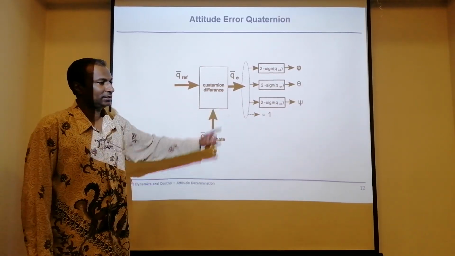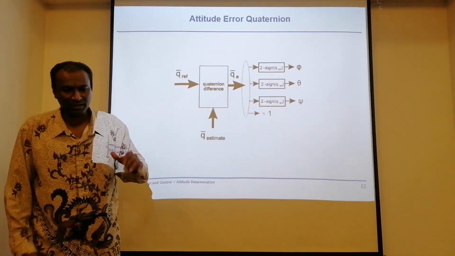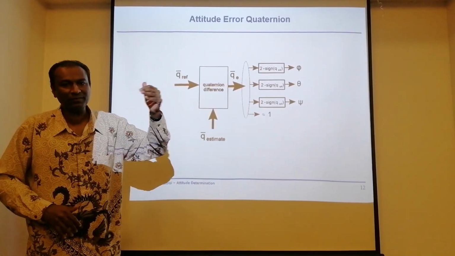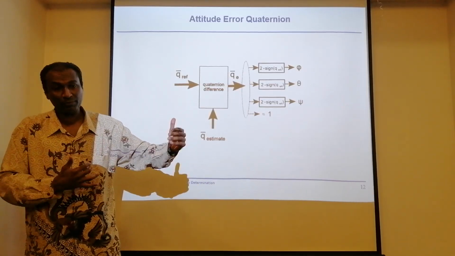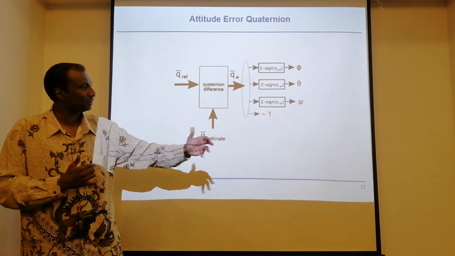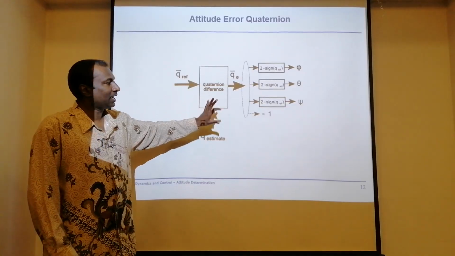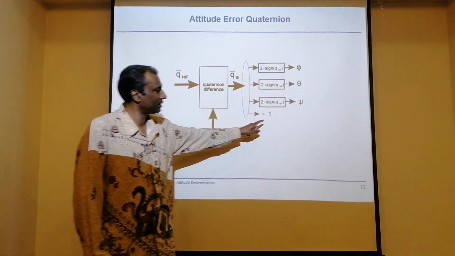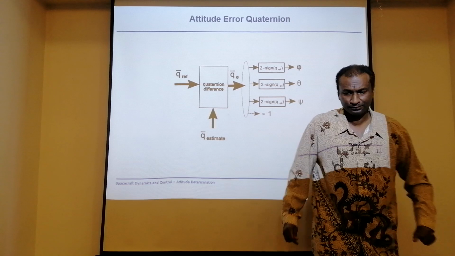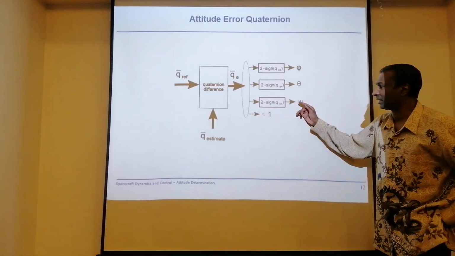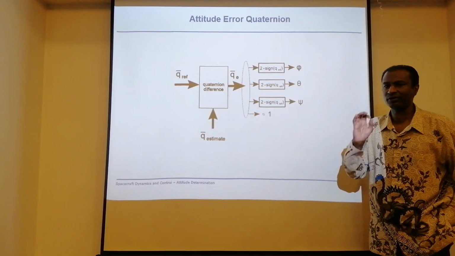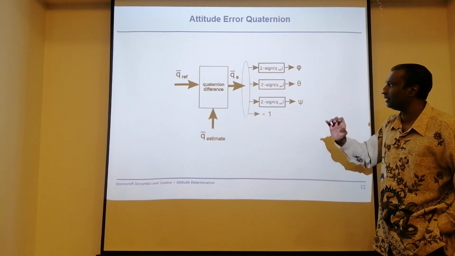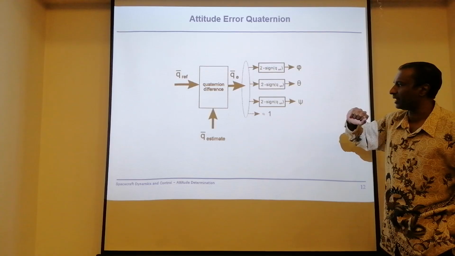Remember this deviation is measured with respect to the local vertical, local horizontal, with respect to the body. So technically speaking, remember this formulation, when the Euler angle is very, very small, this can be used directly.